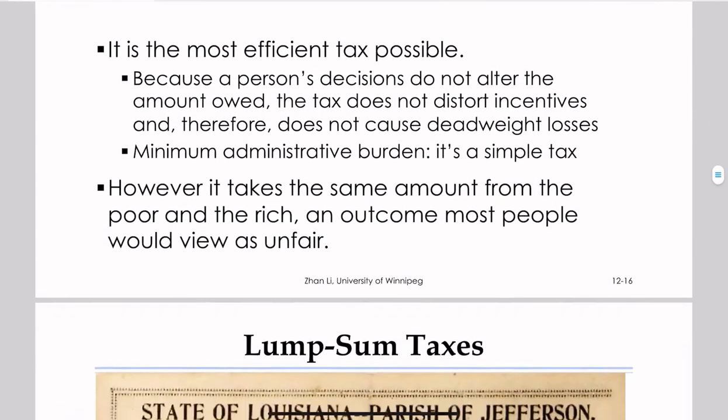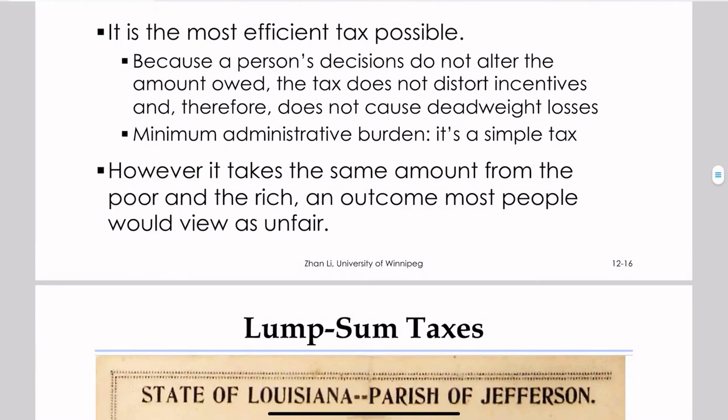Okay, but if you think about this lump sum tax, then you will see that potentially, from a social perspective, people will dislike this type of tax because people would think, well, you charge the same amount of tax whether this person is rich or poor, then this potentially implies a lump sum tax is unfair, right?